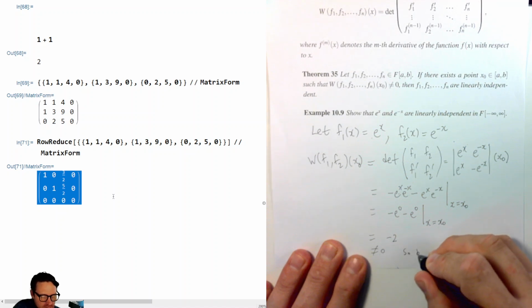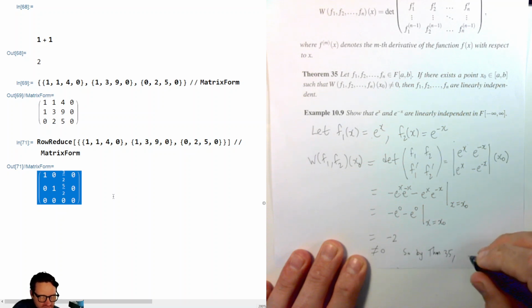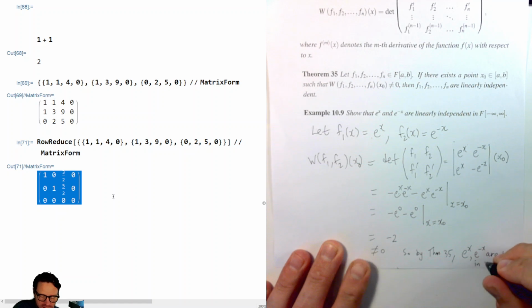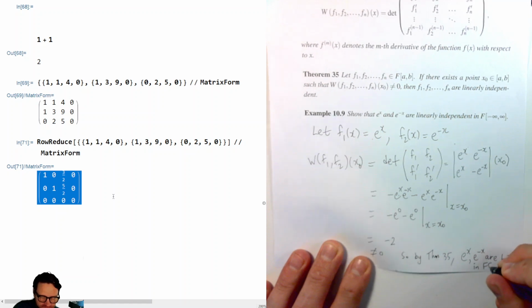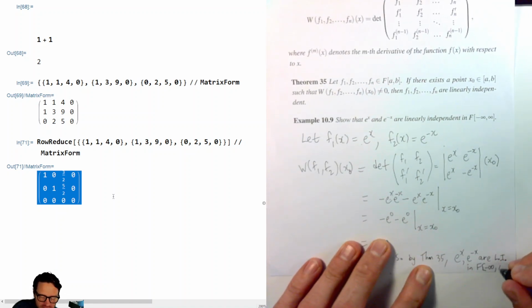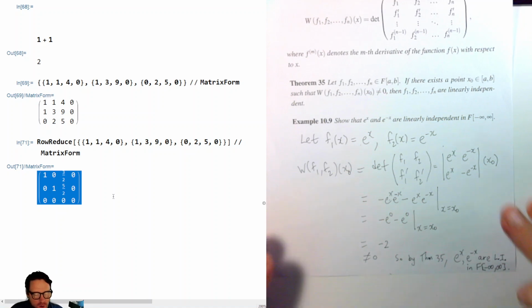By theorem 35, e to the x and e to the minus x are linearly independent, which I'm going to abbreviate LI, in the function space minus infinity, infinity. So on the real numbers essentially.